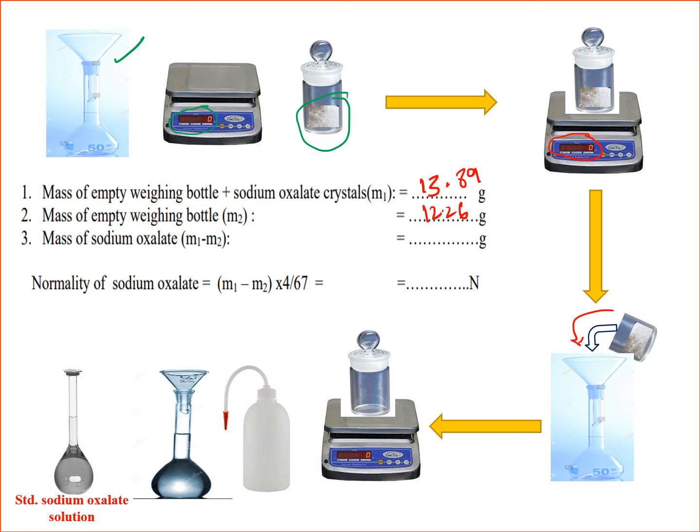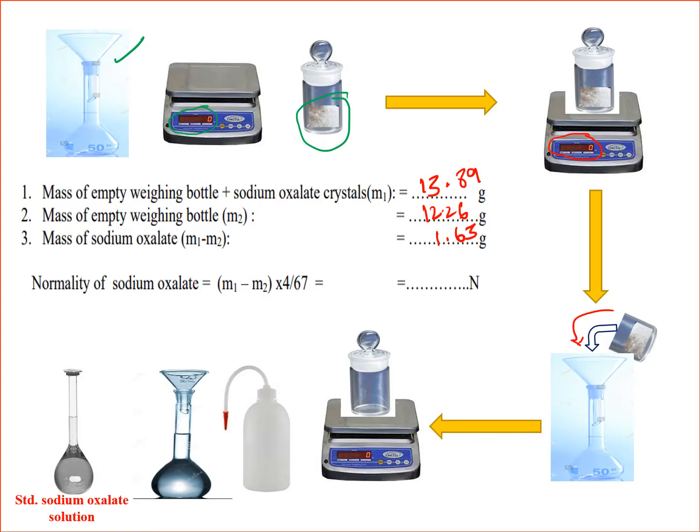Then you take the difference between those two weights, which gives approximately 1.63 grams. The weight we are aiming for is 1.675, but we do not get exactly 1.675; we are getting 1.63.